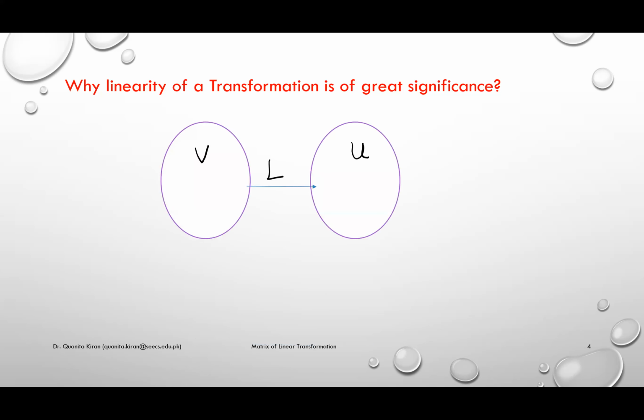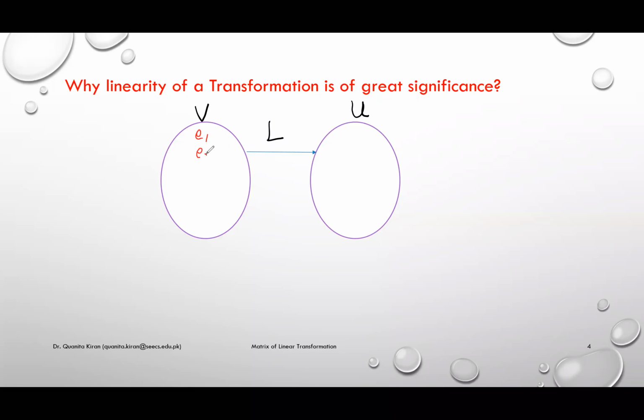Now, to answer this question, consider that V and U are both vector spaces, and L is the linear transformation from V to U. Suppose that V is a finite dimensional vector space, and let's say that these are the basis vectors of V. And suppose that these are the images of the basis vectors, L(e1), L(e2), and so on, L(en).